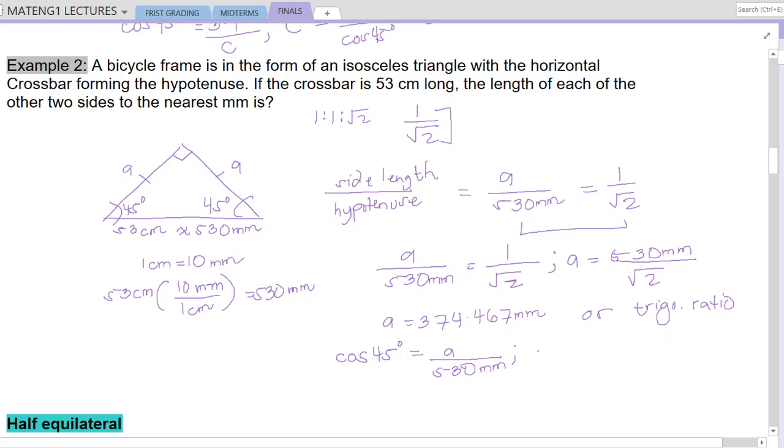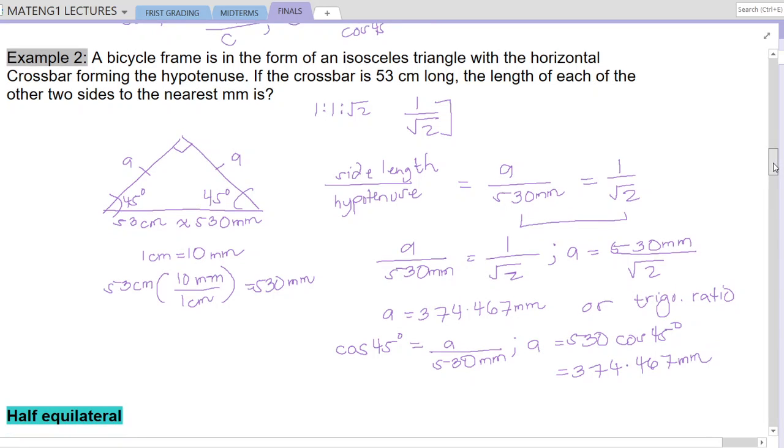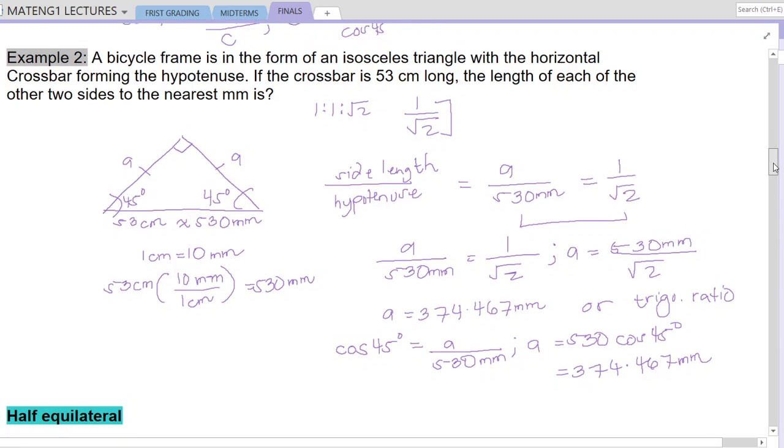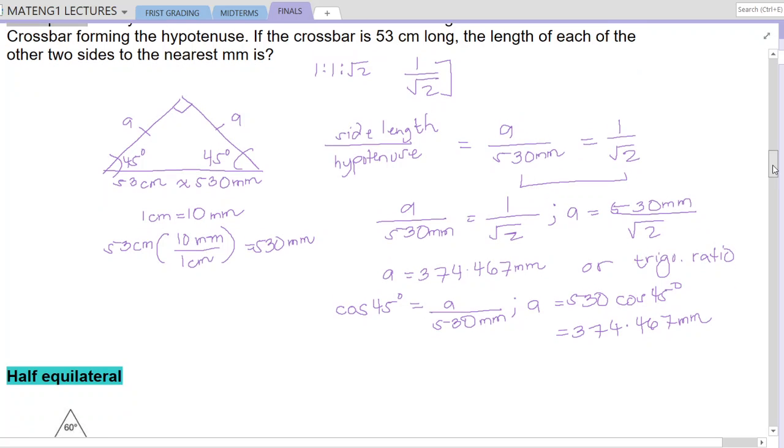Computing for that, the side is equal to 530 millimeters multiplied by cosine of 45 degrees. So it is the same, that is also equal to 374.467 millimeters.